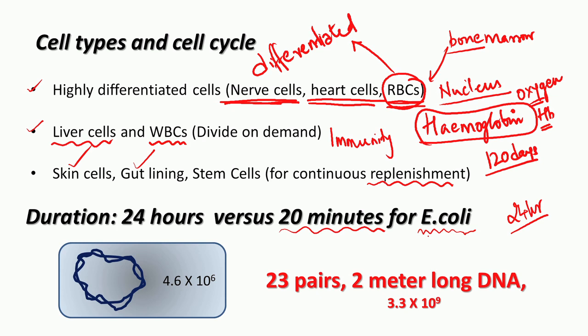But unlike humans, and I will take the example of humans for simplicity, the bacterial structure is much simpler. It just has a single molecule of circular DNA, which is made up of about 4 million base pairs. Now, compare this to humans, where we have about 23 pairs of chromosomes. In total, we have 46 chromosomes.